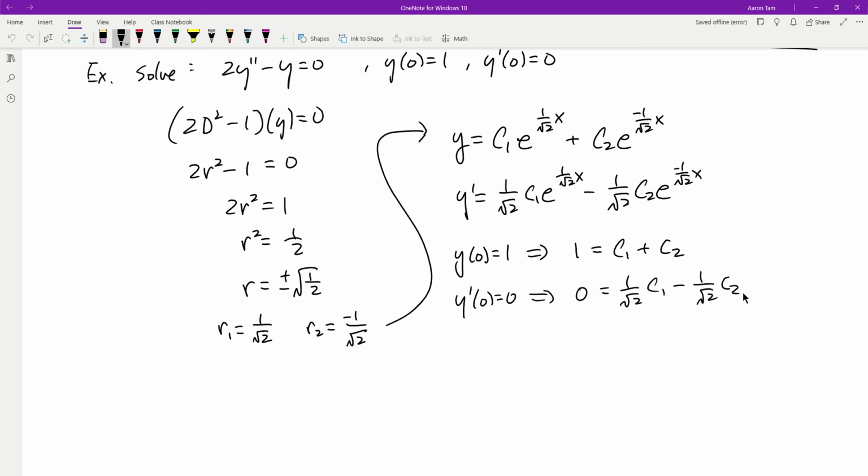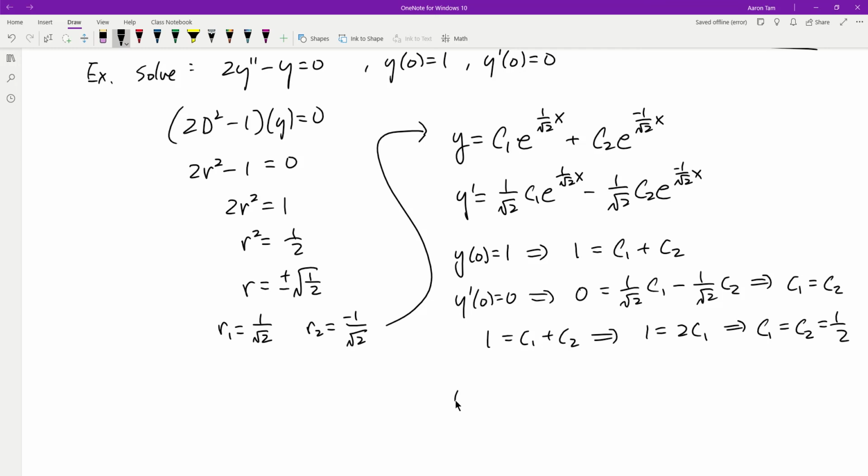Notice that this second equation is interesting because I can actually just cancel out 1 over radical 2, and that will give c1 minus c2 equal to 0, which implies c1 must equal c2 for that to work. And with that being said, 1 equals c1 plus c2 becomes 1 equal to 2 c1. And therefore c1, which is equal to c2, is equal to 1 half.